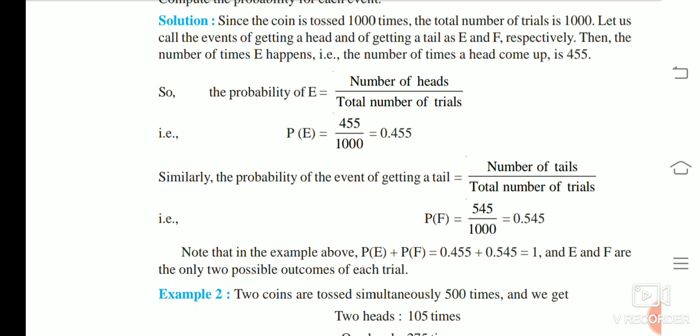So our probability always lies between 0 and 1, and total probability is always 1. It is never going to change anywhere throughout your life.